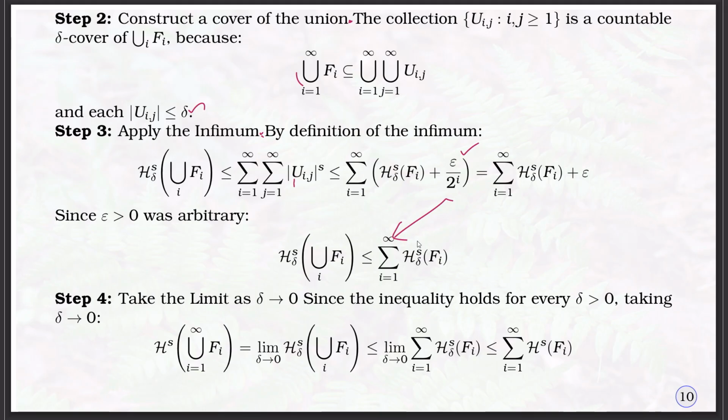Since the inequality holds for all δ greater than 0, take δ tends to 0. One can get H^s of the union of F_i equals the limit as δ tends to 0 of H^s_δ of the union of F_i, which is less than or equal to the limit as δ tends to 0 of this quantity, which is less than or equal to this one.